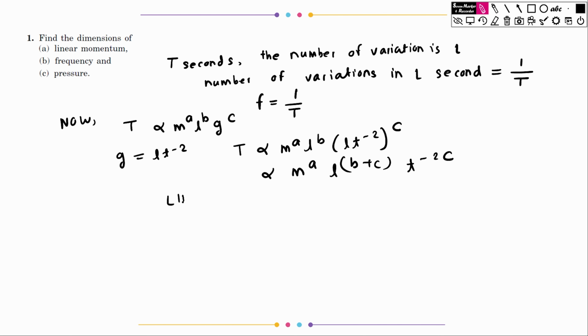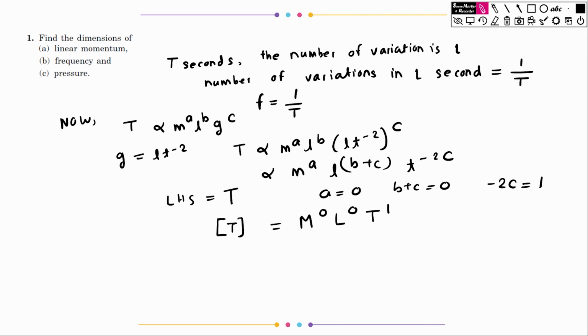Now on the left hand side we have only the time period T. Therefore equating, a will be 0, b plus c will also be 0, and minus 2c will be 1. Therefore we can write the dimension of time period as M^0 L^0 T^1. Therefore the dimension of frequency will be 1 by M^0 L^0 T^1, that is M^0 L^0 T^-1.